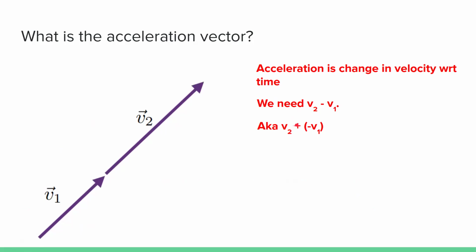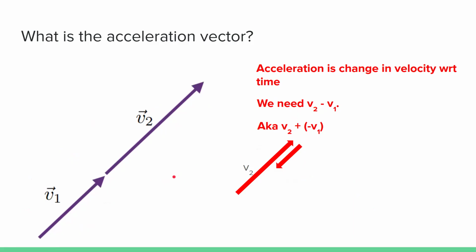So we start out with the v2 and we want to add the negative v1. Well, that means you just flip that backwards. So this v1 goes here, and you use the tip-to-tail method, so you have the tip of this one matching up with the tail of this one.